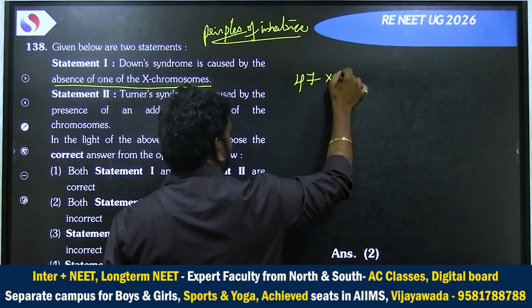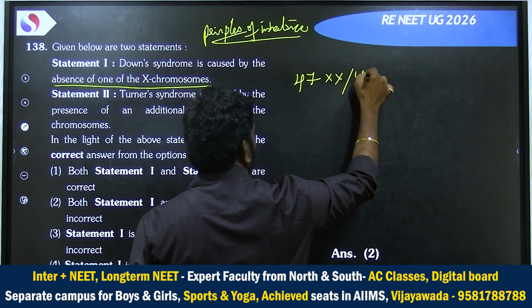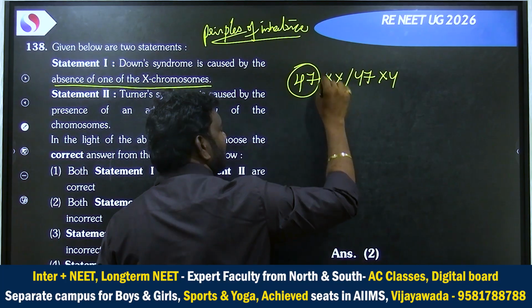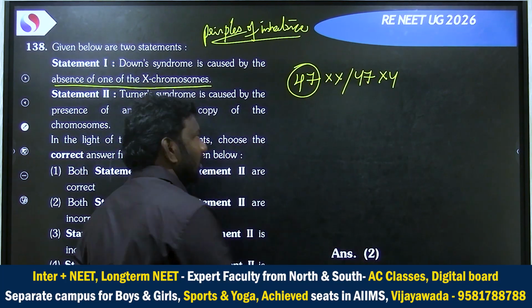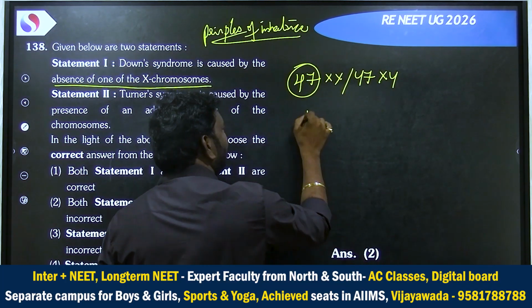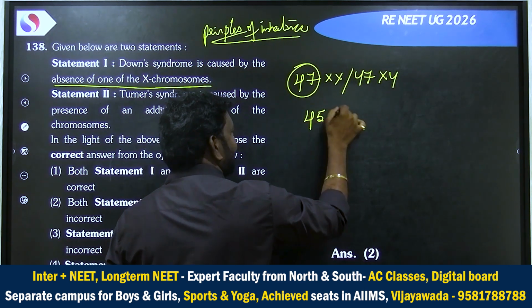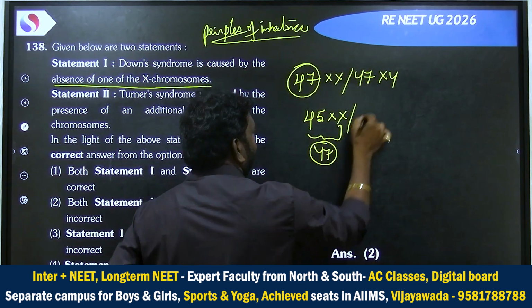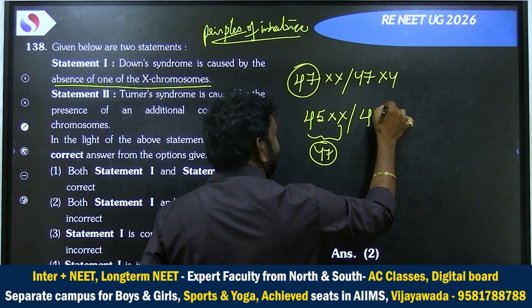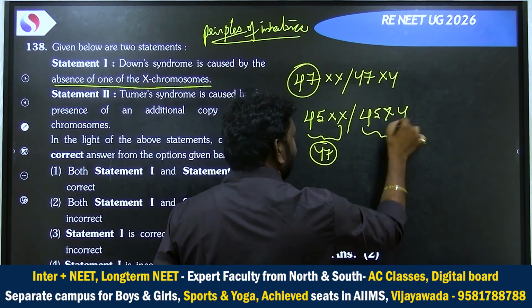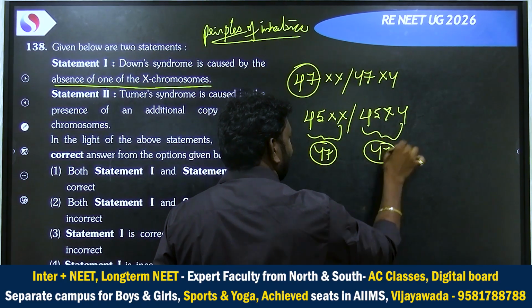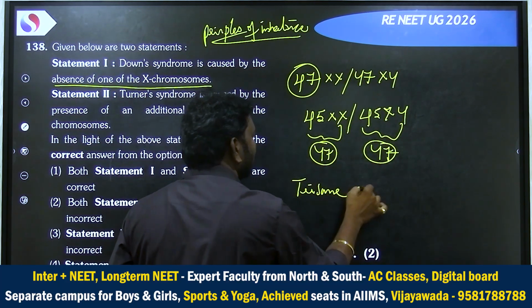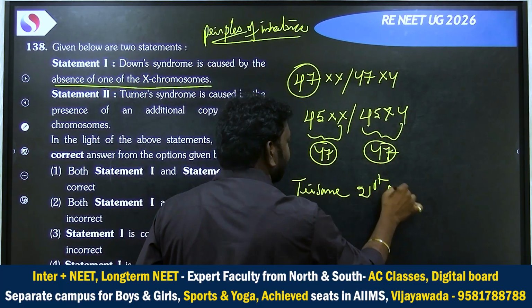47 XX or 47 XY, which means 47 including sex chromosomes. This is the trisomy, trisomy in the 21st pair.